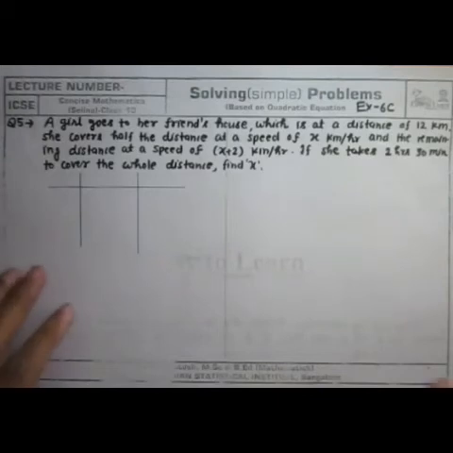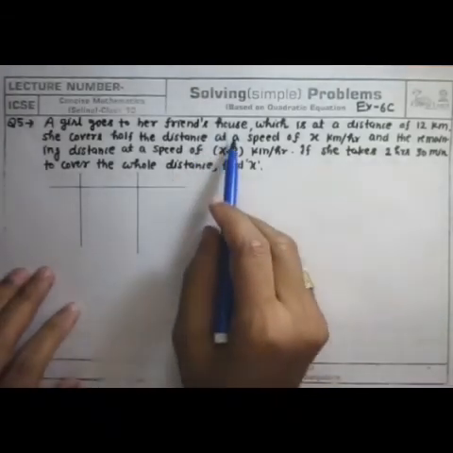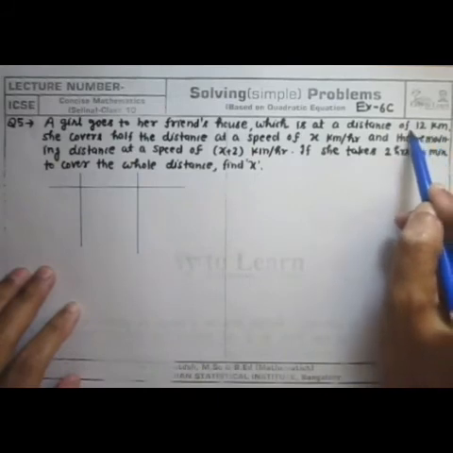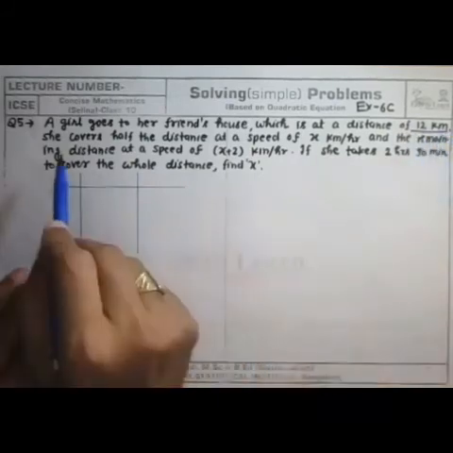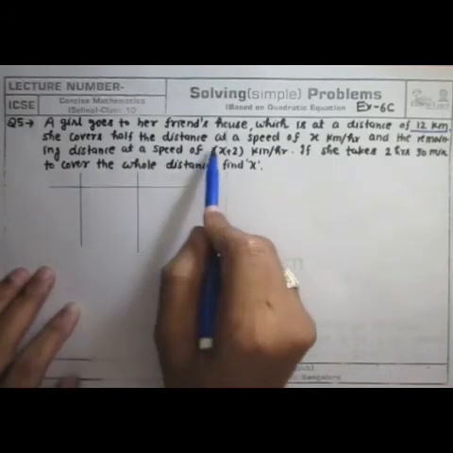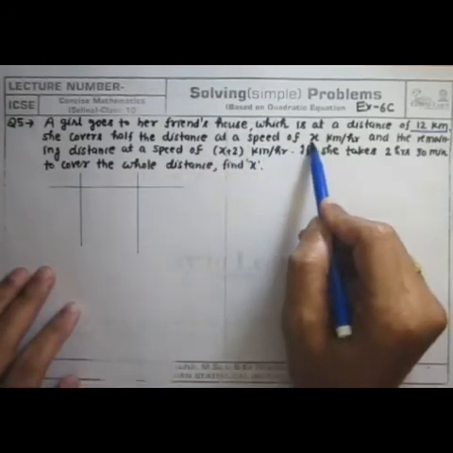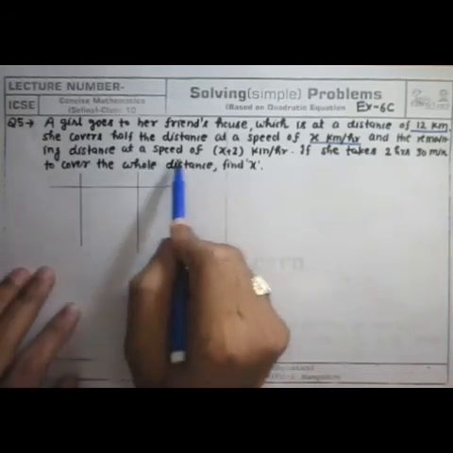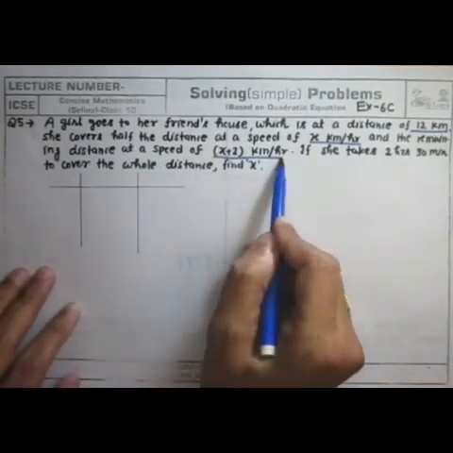A girl goes to her friend's house, which is at a distance of 12 km. She covers half the distance at a speed of x km per hour, and the remaining distance at a speed of x plus 2 km per hour.